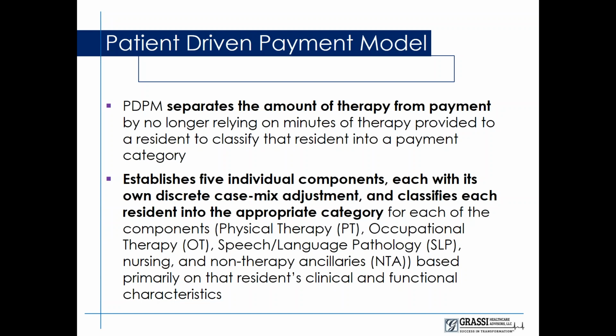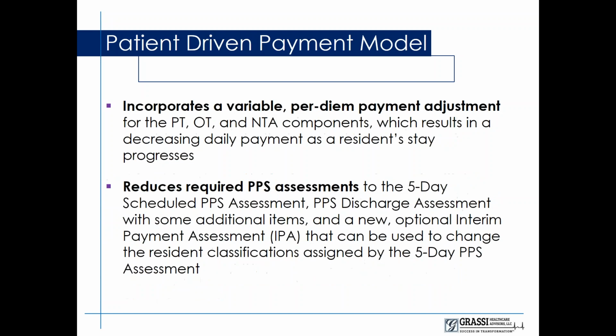Now there's going to be 5 different components, each with its own discrete case mix adjustment that classifies the patient into a category, and one category doesn't drive the reimbursement the way it did under RUG 4. It incorporates a variable per diem payment adjustment for the PT, OT, and non-therapy ancillary components, which results in decreasing daily payment as the resident's stay progresses.